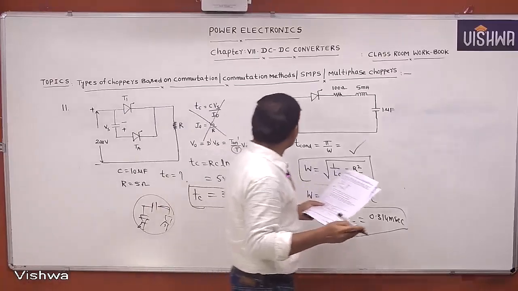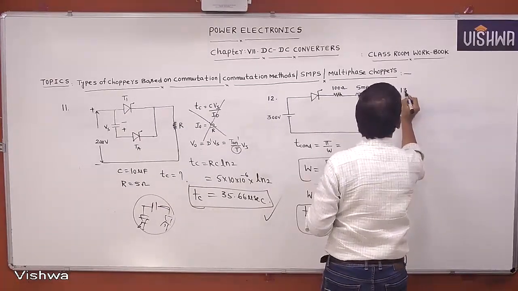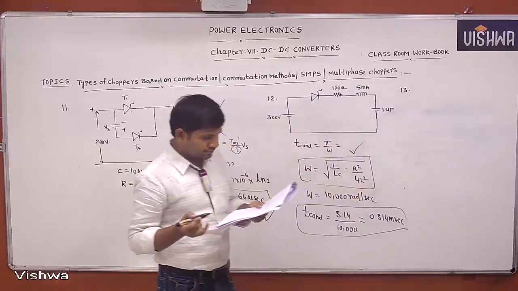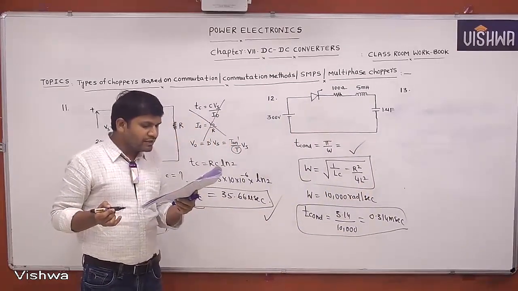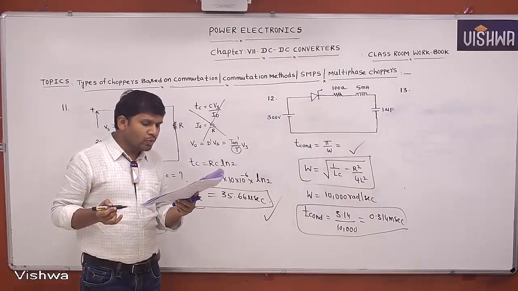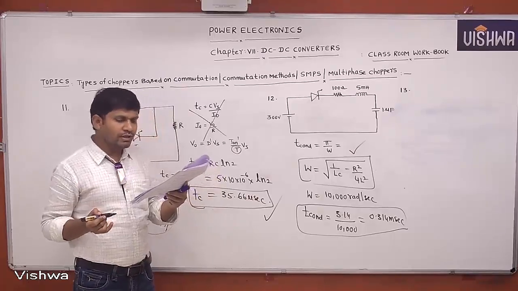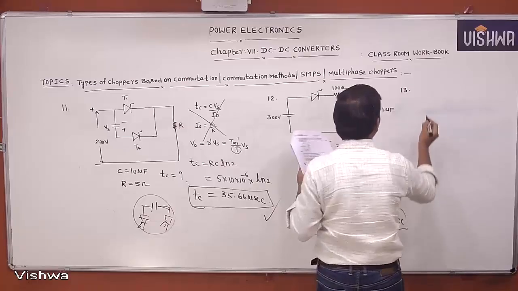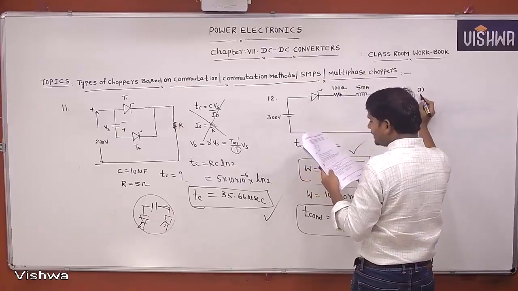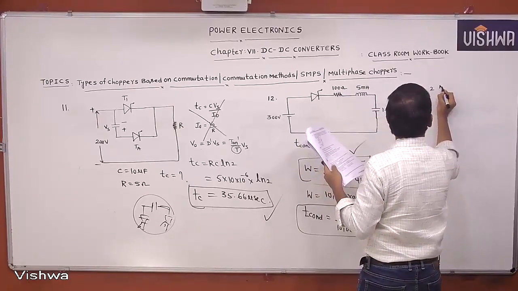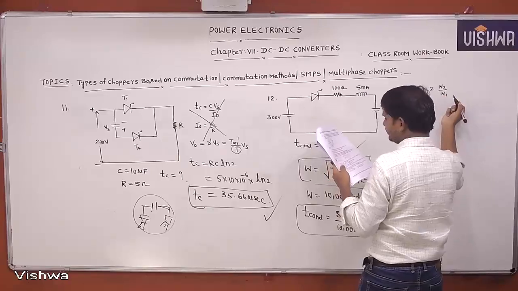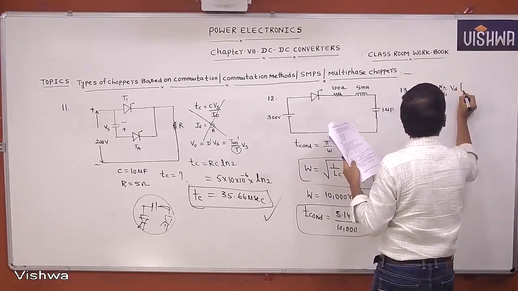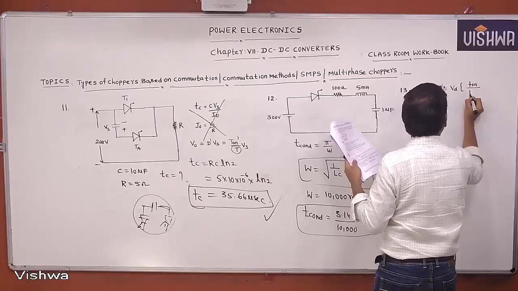This is question number 13. Question 12 is already over. In a push-pull type DC to DC converter, the output voltage V0 is given by dash. Option A is 2 into N2 by N1 into Vd into T on by T on plus T off.